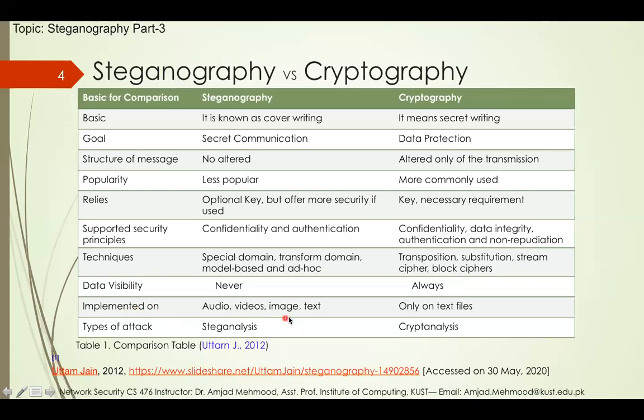Implemented on audio, video, and text in steganography, while in cryptography it works only on text files. Attacks on steganography are called stegoanalysis, whereas the attacks on cryptography are called cryptoanalysis.